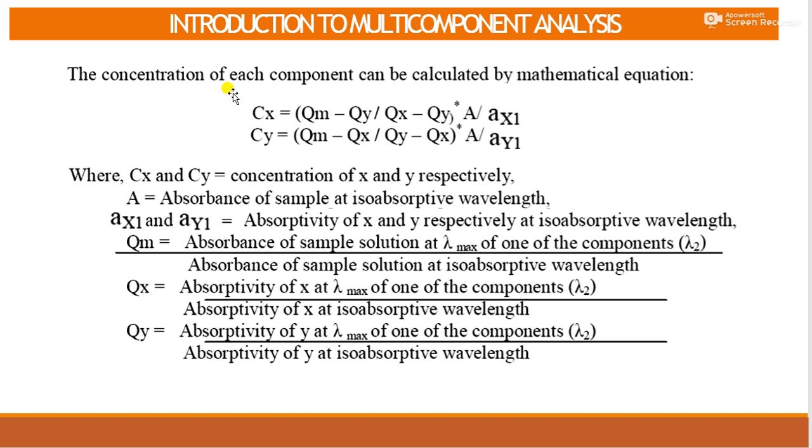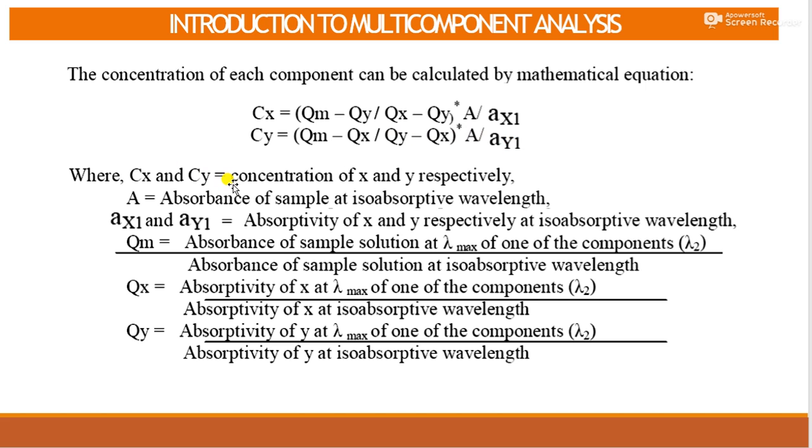For calculation of concentration of components by the absorption ratio method, the mathematical equation is Cx is equal to Qm minus Qy upon Qx minus Qy into capital A upon Ax1, and Cy is equal to Qm minus Qx upon Qy minus Qx into capital A upon Ay1.